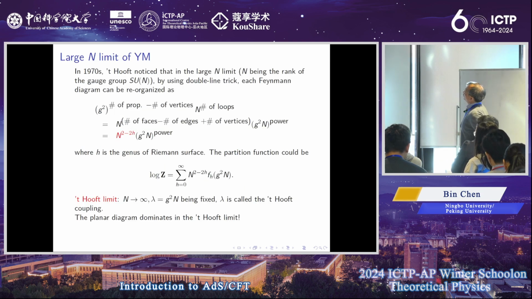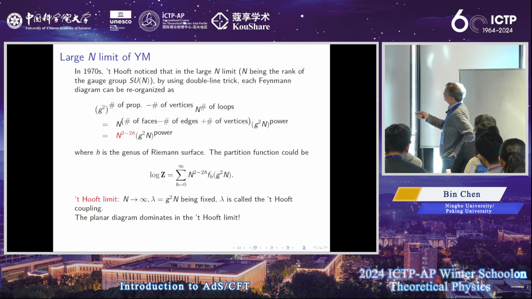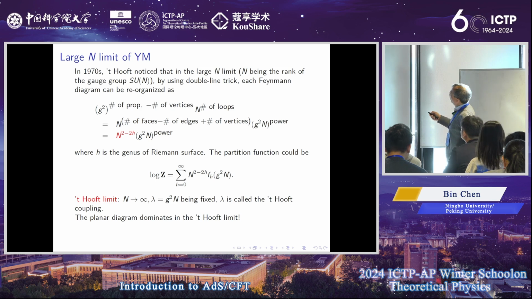The large N limit of Yang-Mills is from the 1970s. 't Hooft noticed that the large N limit of Yang-Mills could be a string theory, using a very clever way to study Feynman diagrams. Now it's called the double line trick.